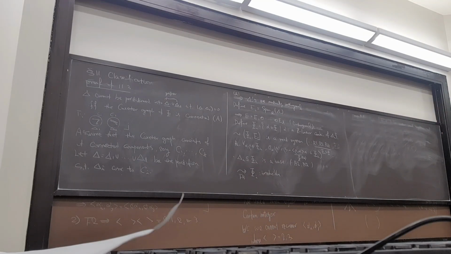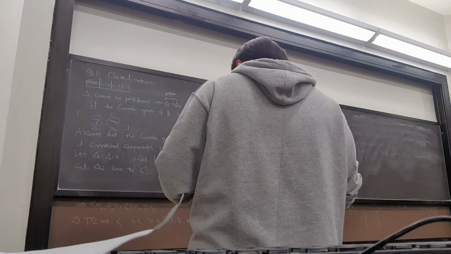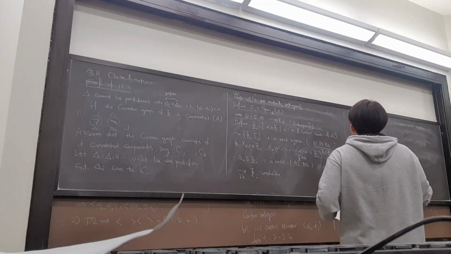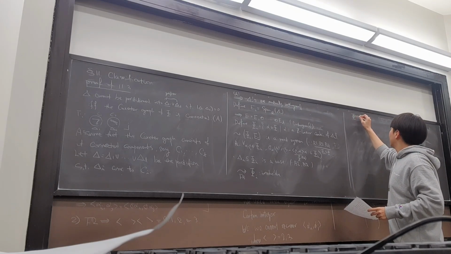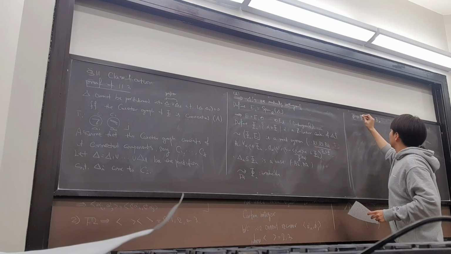So pi i is irreducible. And then finally, we want to check that pi is equal to pi 1 union to pi t.